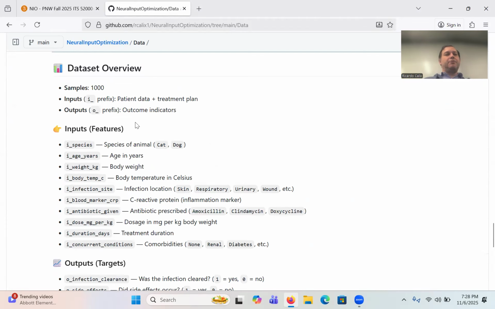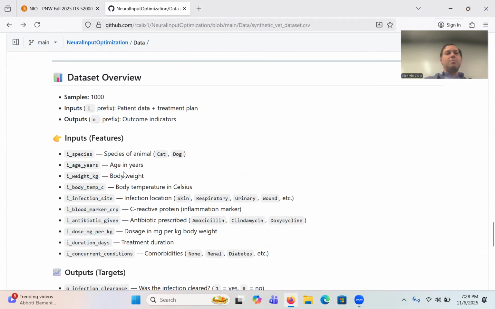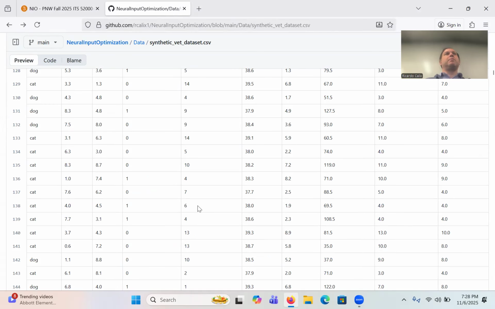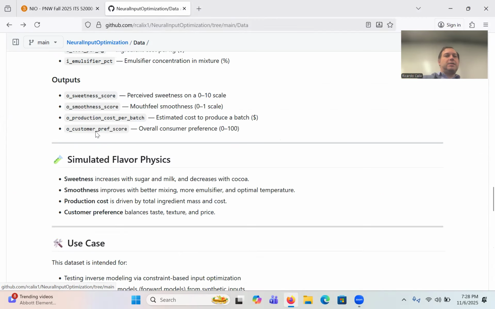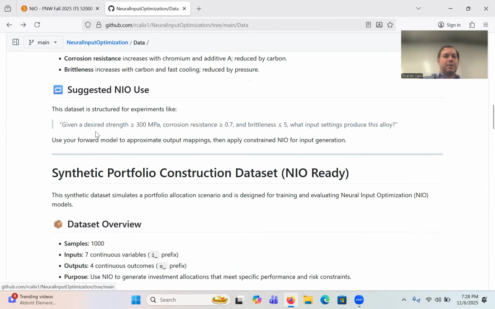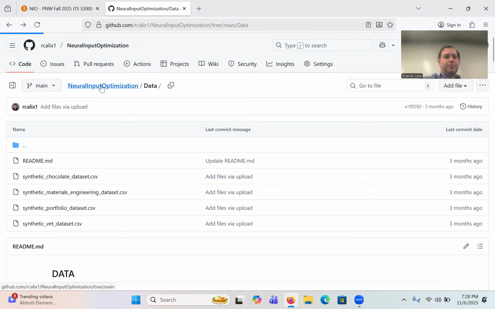So I think that's enough for motivation and types of problems that you can address with this, right? And we should now be ready to start looking at the code and trying to solve this problem. Okay? Any questions? All right, great. So that is the overall description.